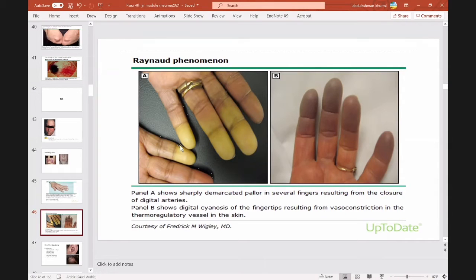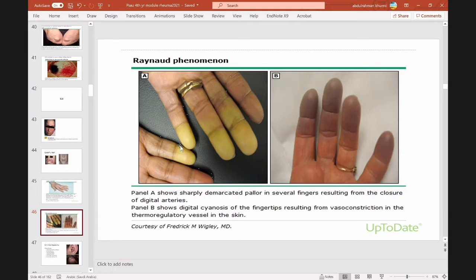So first white, then blue, then red. White, blue, red, that is typical, but maybe it does not come typical. In general, it is vasoconstriction followed by vasodilation. Sometimes it causes severe vasoconstriction, which leads to necrosis and ulcers.